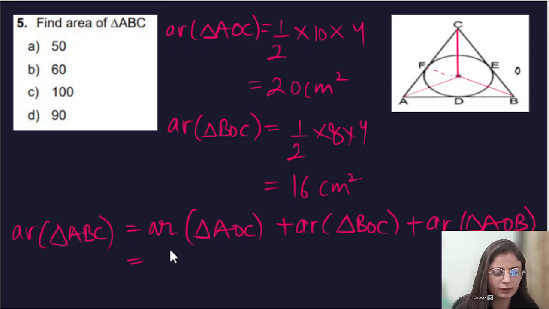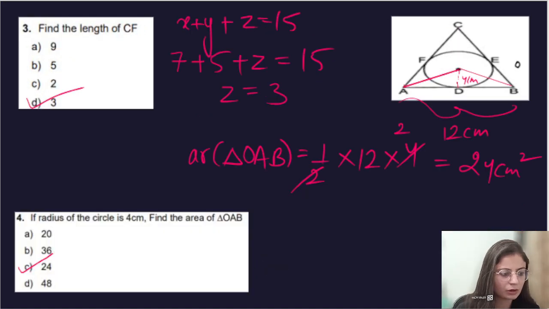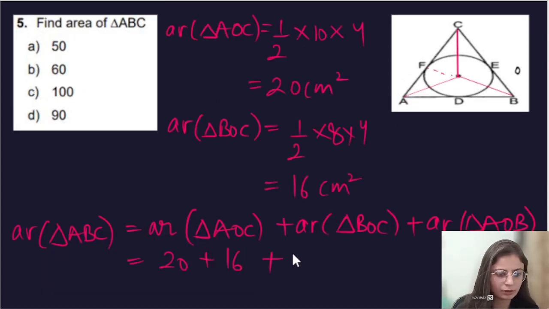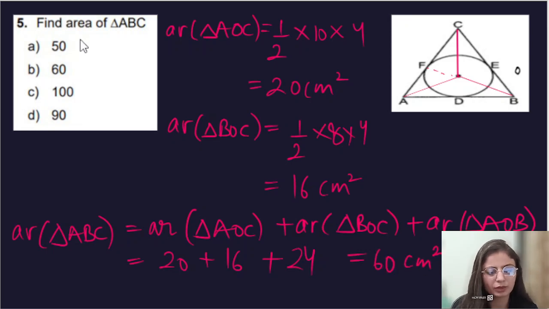AOC is 20 plus BOC is 16 plus the area of triangle AOB is 24. Now 16 plus 24 is 40, 40 plus 20 gives 60. So this will be 60 centimeter square. So option B is correct.